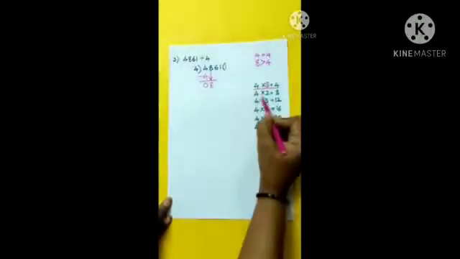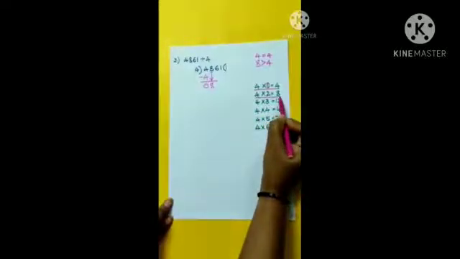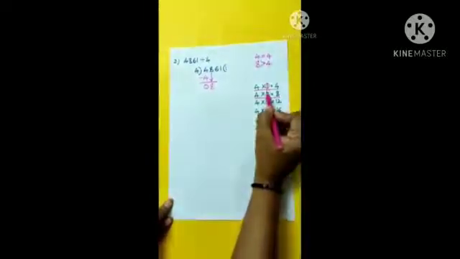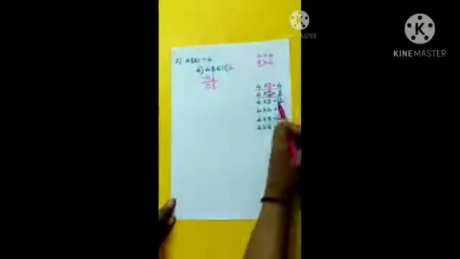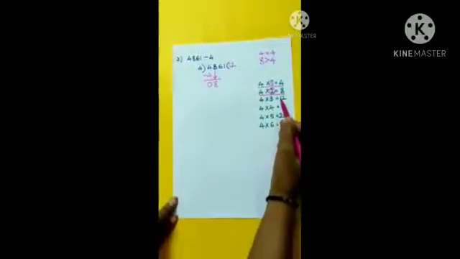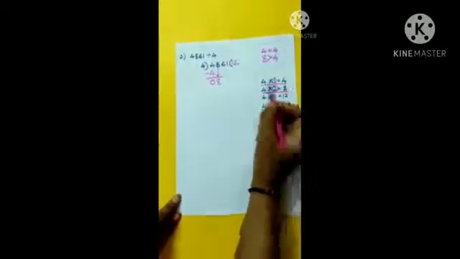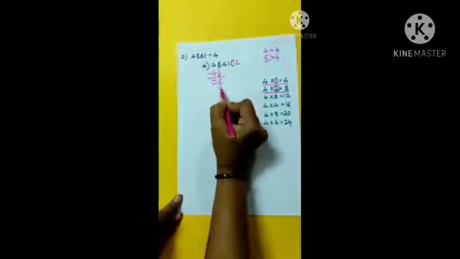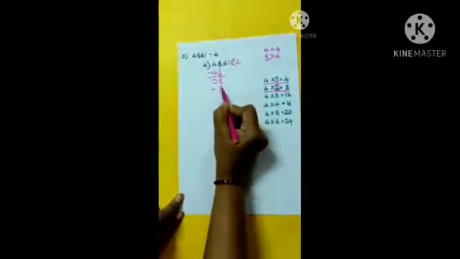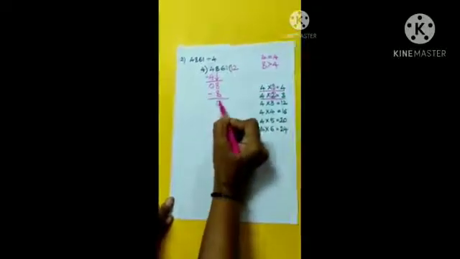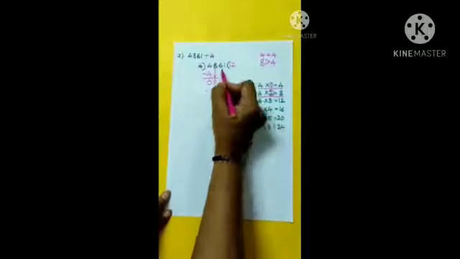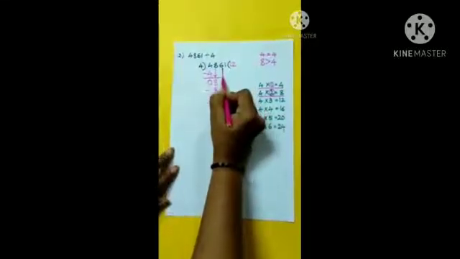As we know that 4 into 2 is equal to 8, we write 2 in the quotient and we write 8 in the hundreds column under 8. And we subtract 8 from 8. 8 minus 8 is equal to 0. Now bring down the next digit, that is 6.